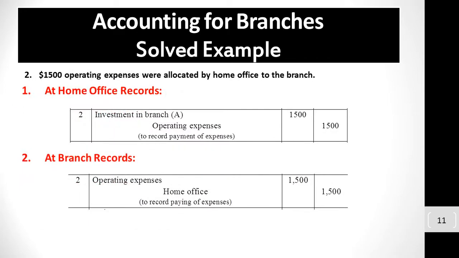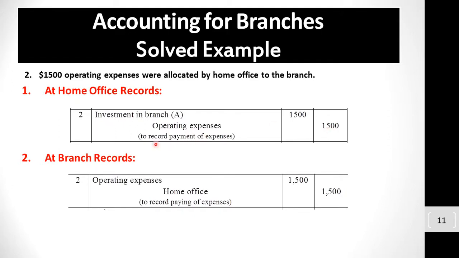The second transaction states that 1,500 operating expenses were allocated by home office to the branch. It means that the home office paid operating expenses for the branch. At home office records, we're gonna use investment in branch A. It will be in the debit side for 1,500, and operating expenses will be in the credit side.